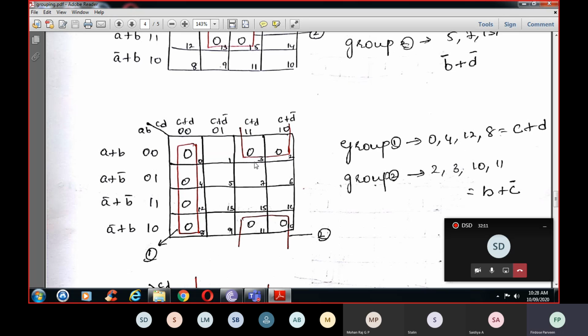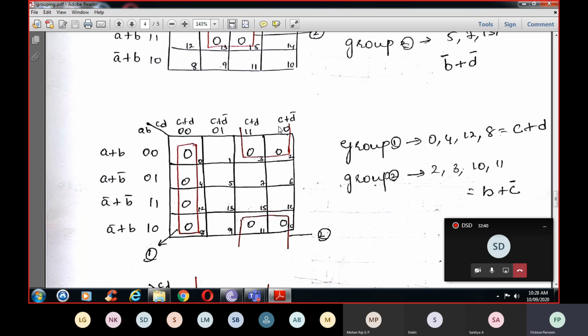As 2 is adjacent to 3, 3 is adjacent to 11, 11 is adjacent to 10, it becomes one group. So like this, we will be drawing it. So it corresponds to which row? It corresponds to the first row and the last row. What is not changing? What is common? B. See here, A plus B, here it is A bar plus B. So we will write B. This group corresponds to which column?